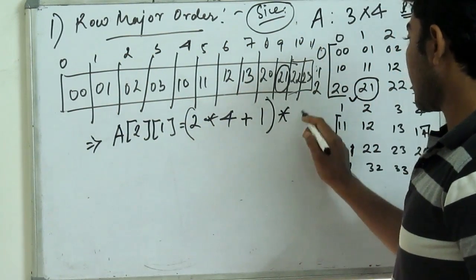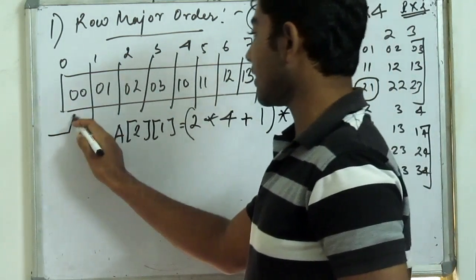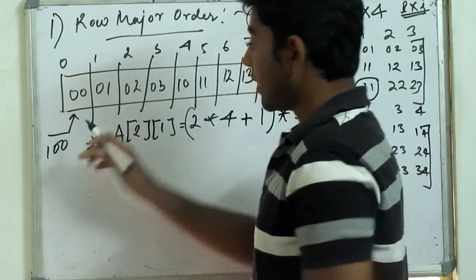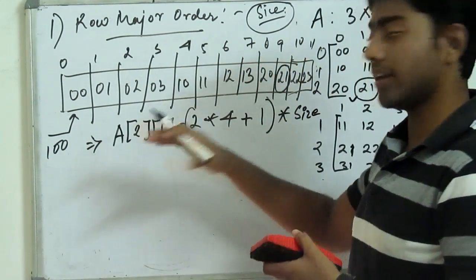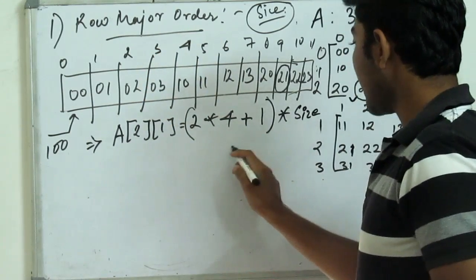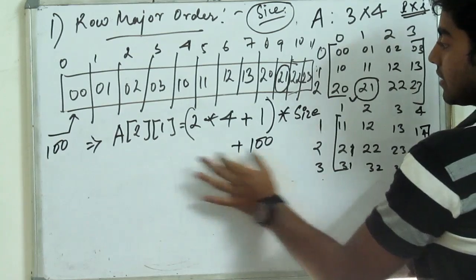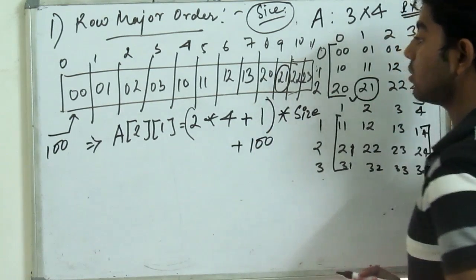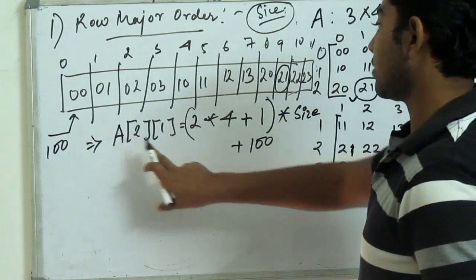So we can write into size. Now our starting address can be 100 or anything else, that is called the base address of our array in the memory. So we will add this entire thing with the base address. So by this we will get the exact memory location of A21.